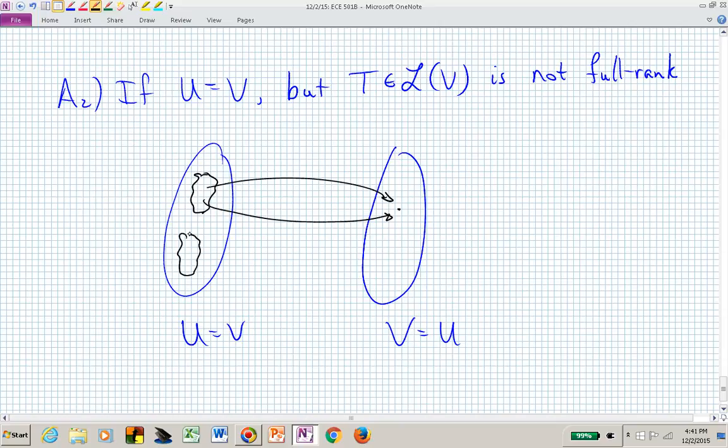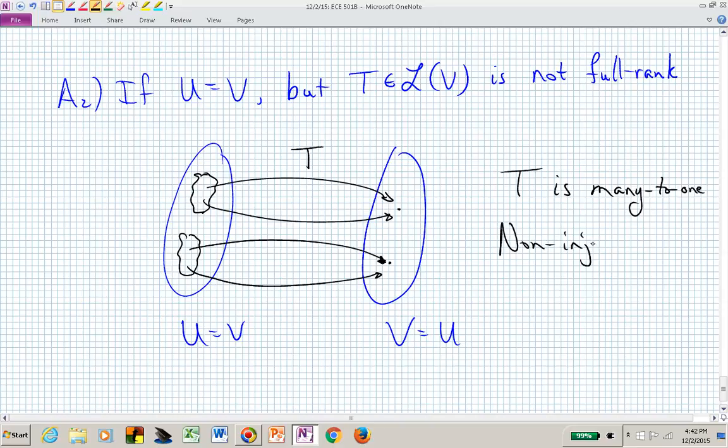And that may be true for multiple vectors in the vector space U. So in this case, this is my linear map T, but T is, let's say, many to 1. Or another way of saying that is it has a non-trivial null space, or it's non-injective. If that's the case, we have no inverse.